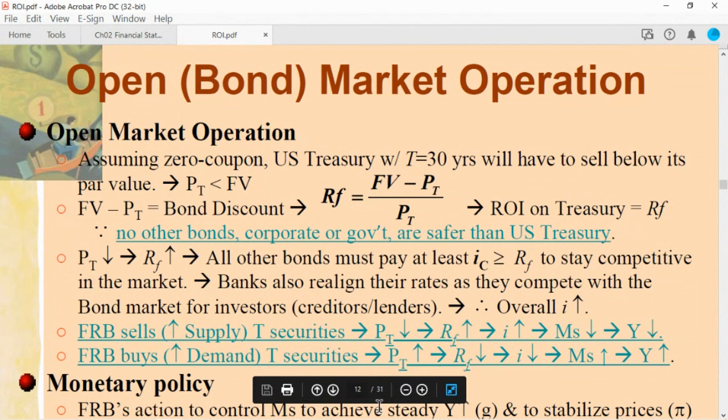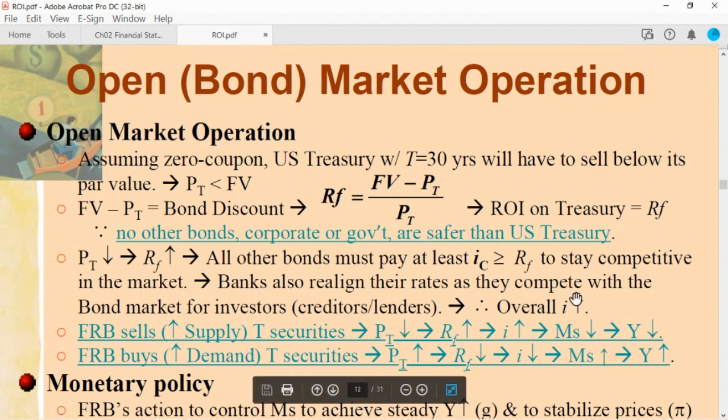And the opposite is true, right? It's exactly the mirror image. When the price of the treasury goes up, then the risk-free return goes down. If it happens, then all of the interest rates go down. So then we all understand when interest rate goes up, it discourages borrowing. It becomes more difficult to borrow.